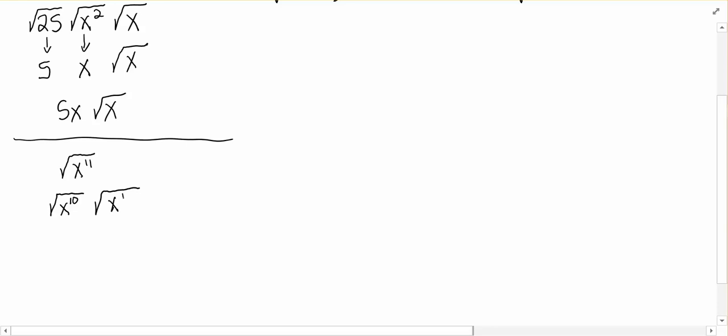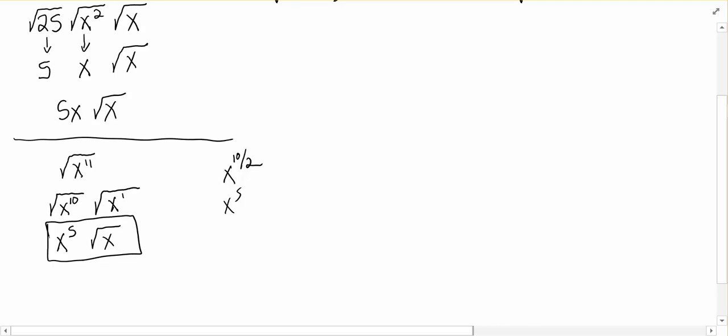And this gets into something we covered last lesson, because what is the square root of x to the 10th? It's x to the 5th. And remember, you can think about this with rational exponents, because the square root of x to the 10th would be x to the 10 over 2, which is 5. And then the square root of x would just copy down.